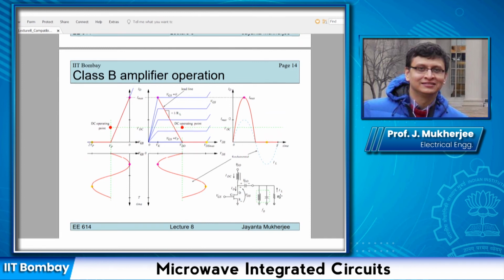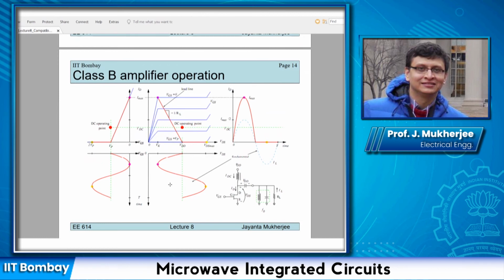My load line RL is such that it only covers the range from the knee voltage to VDD. This in turn causes the VDS to be present only for the voltage range of VK to VDD, which corresponds to 50% duty cycle.